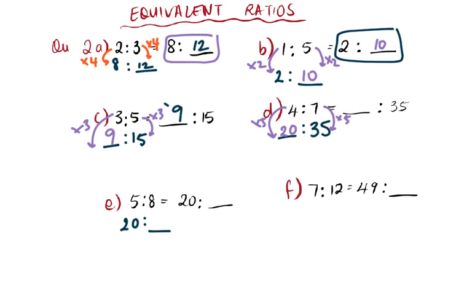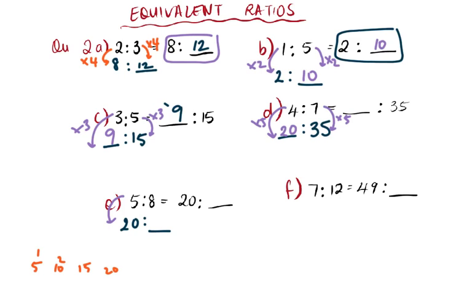So again, I've got to figure out how I go from 5 to 20. There's a few ways to figure this out. What you could do is actually write out your 5 times tables, and once you get to 20, we can work that out. So let's do that. That's our first process. So we could actually do 5, 10, 15, 20.